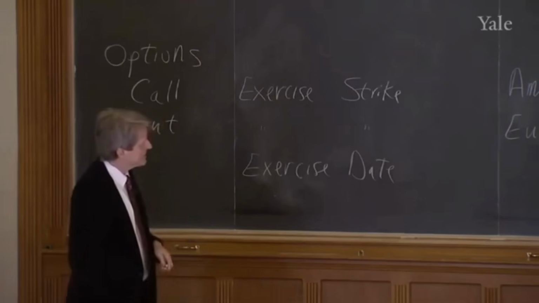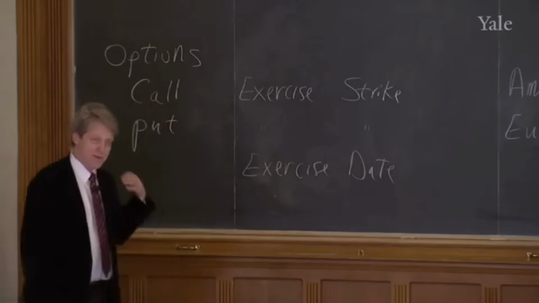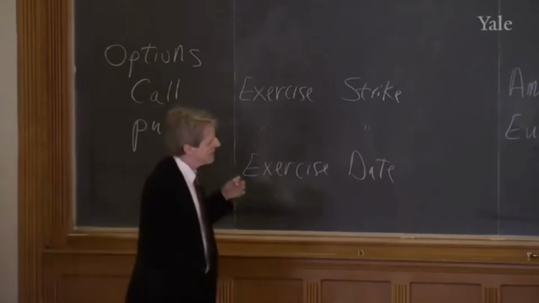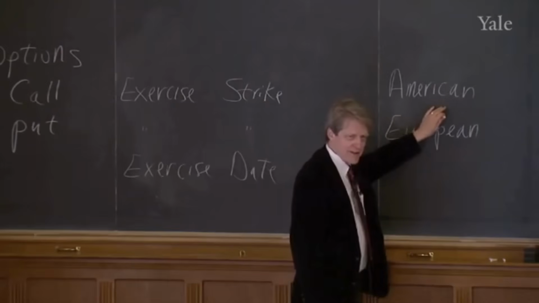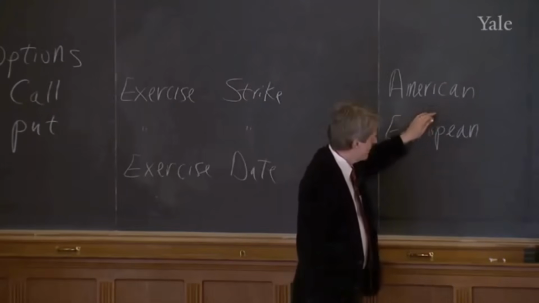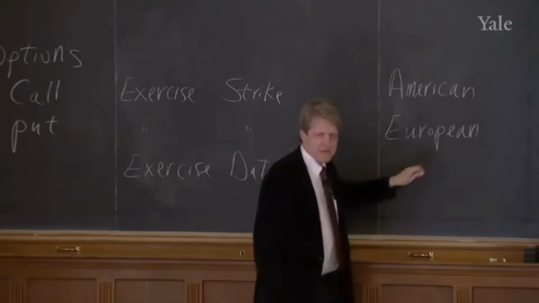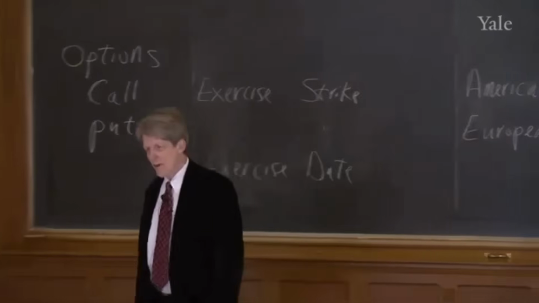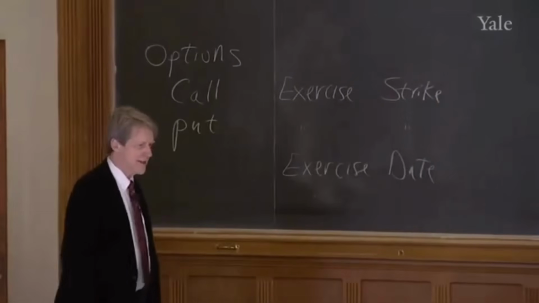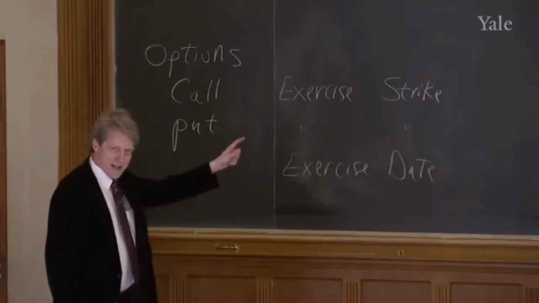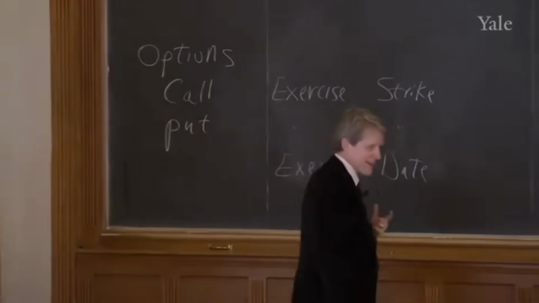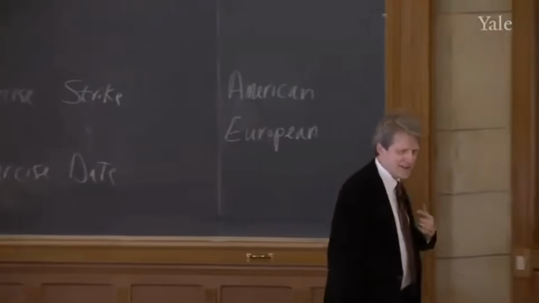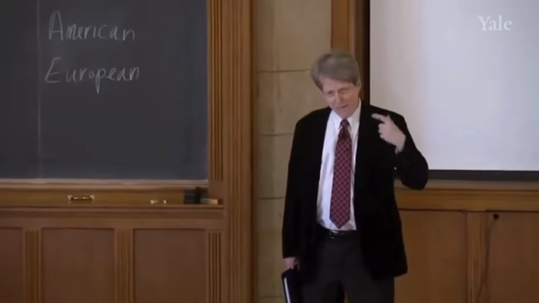So the American option is better than the European option for the buyer, because the American option can be exercised at any time until the exercise date, whereas a European option can be exercised only on the exercise date. You see, the American option has to be better, or not worse than, I don't know if it's strictly better, but not worse than a European option, because you have more options.